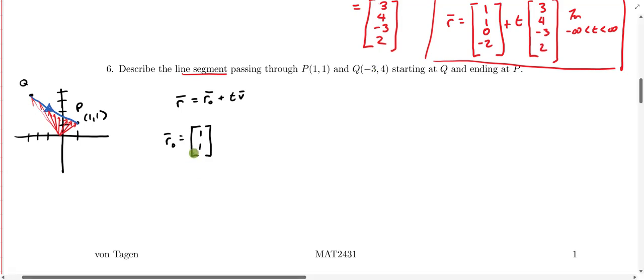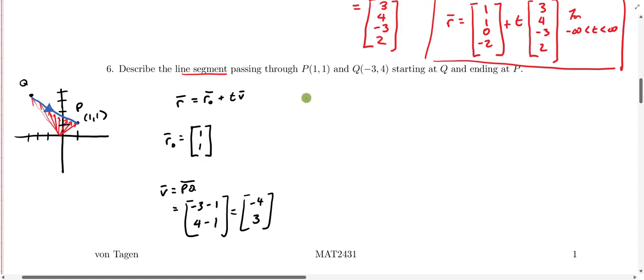The next thing I need is a direction vector v. Just as we did before, we found the vector going from P to Q. That would be (-3 - 1, 4 - 1), and so this gives me the vector (-4, 3).